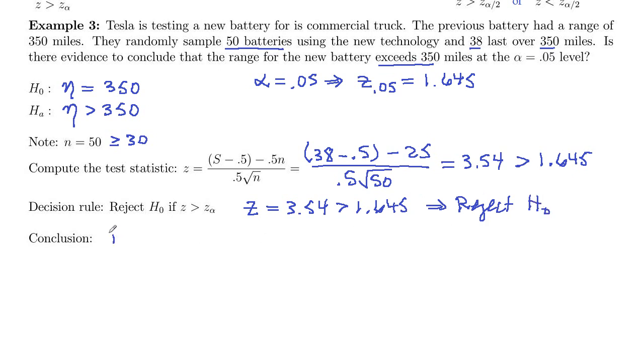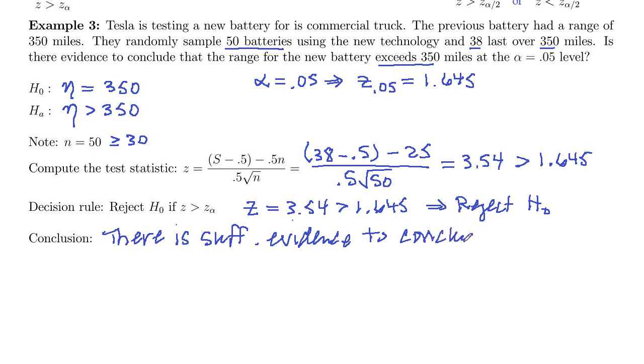So our conclusion will be that there is sufficient evidence for the alternative hypothesis. So sufficient evidence to conclude that the median range exceeds 350. So eta is greater than 350. So these new batteries last longer. So that is a large sample sign test for the median.